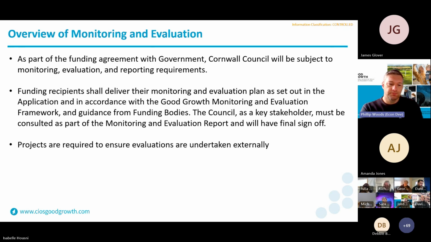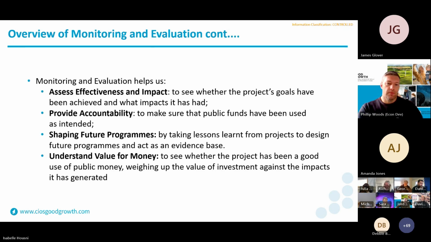Next slide, please. So why do we need to do these? Basically, they are key to helping us understand the effectiveness and impact of the project. They give the assurance around good use of public funds, and they also aid us to feed into future funding thinking: what do future funding programmes look like down the line, lessons learned, and build a good evidence base of impact.